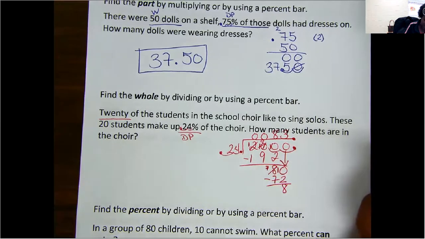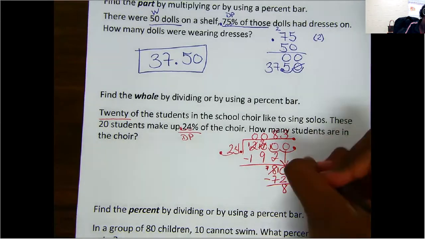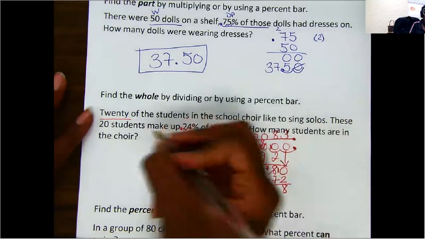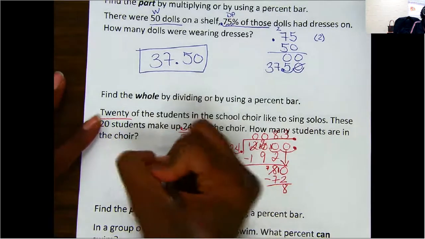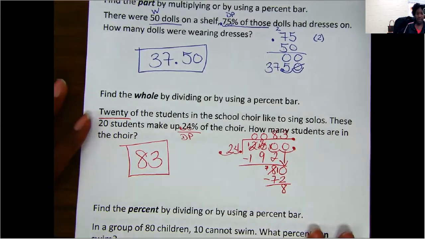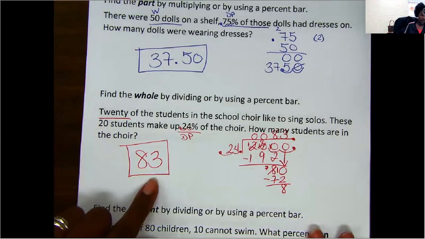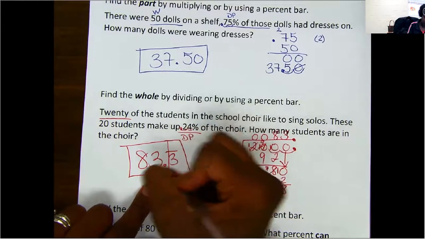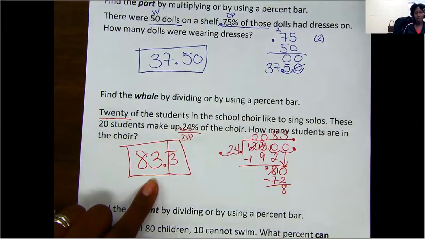I have 8 left over, which is going to give me a repeating number, okay? So in this instance, my total is going to be 83, excuse me, 0.83 with the bar. Sorry guys, because we said that's going to keep repeating, okay?